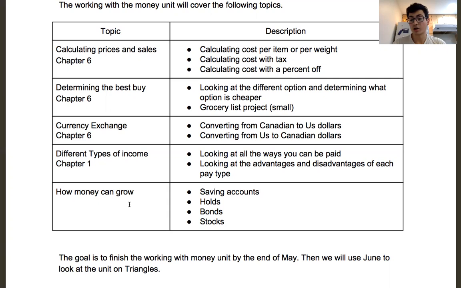Because it's shocking, if you're still in high school and you're trying to save for your retirement, just by putting a little bit of money away every, let's say, month, you can finish with millions of dollars when you retire at 65. So there's pretty interesting things we can look at with stocks and bonds and even just savings accounts.